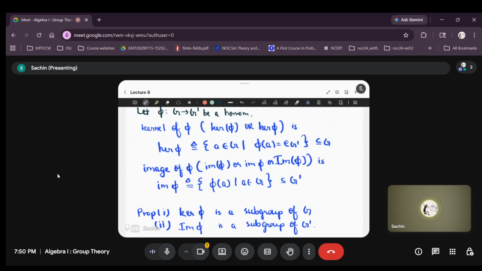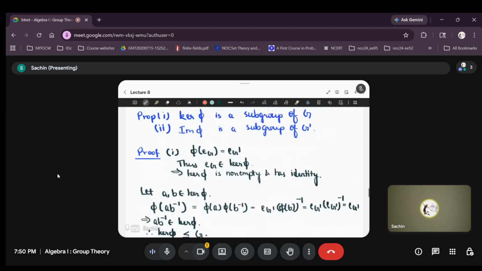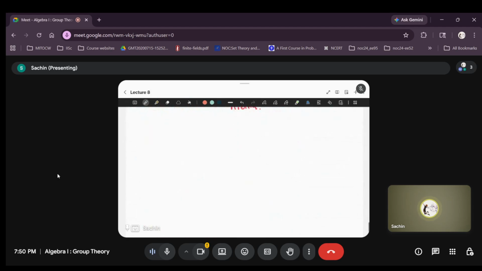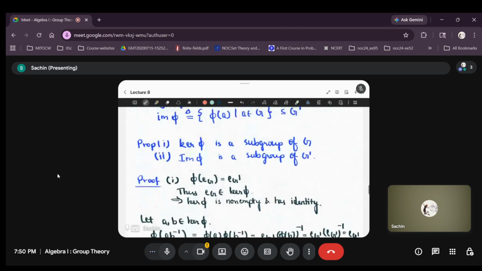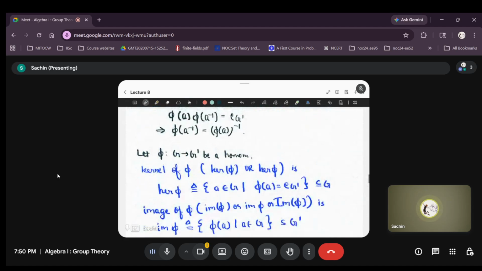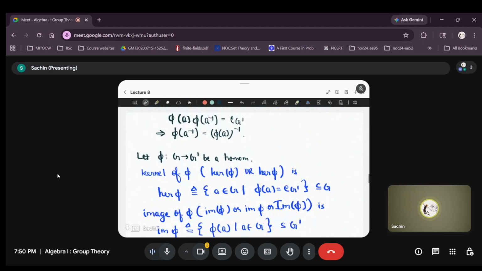Given a homomorphism phi, you have the kernel of the homomorphism, kernel of phi. That's why we have written it as a function of phi.